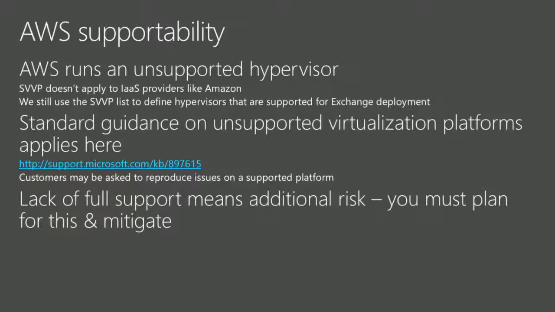The hypervisor that AWS is running is not on the SVVP list. Now, having said that, the SVVP program doesn't really apply to a provider like Amazon, so it's not surprising that their hypervisor isn't listed there. But the key thing to remember here is there's been no testing whatsoever on our part of Exchange running on that solution, which is why we can't directly support it. That's the key point there. We don't currently have any plans to change that.